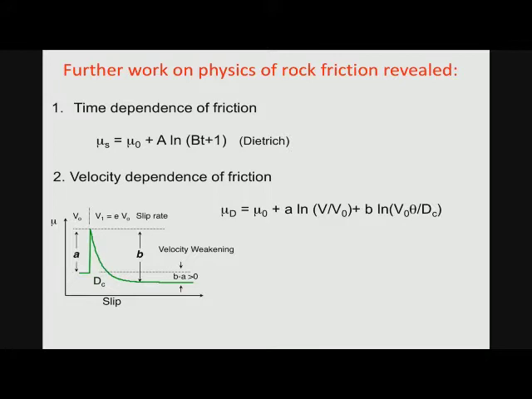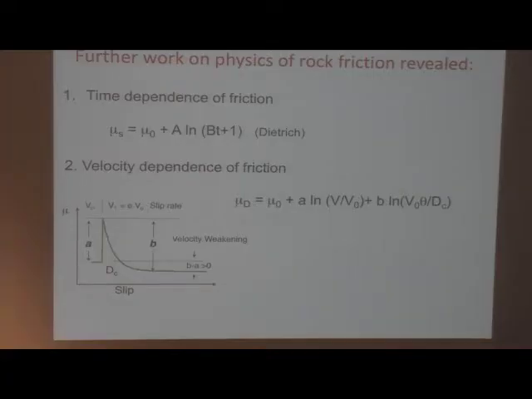Okay, so the next important addition to the experiments was to do them at different sliding velocities. What was noted was there was a velocity dependence on friction. So here is friction as a function of slip.